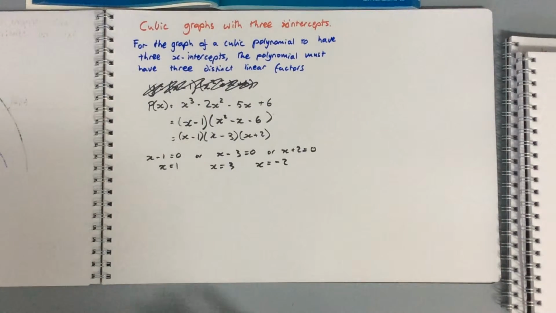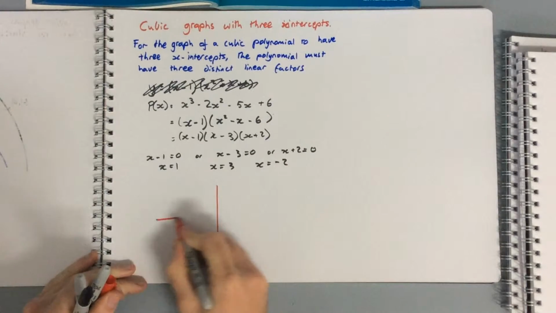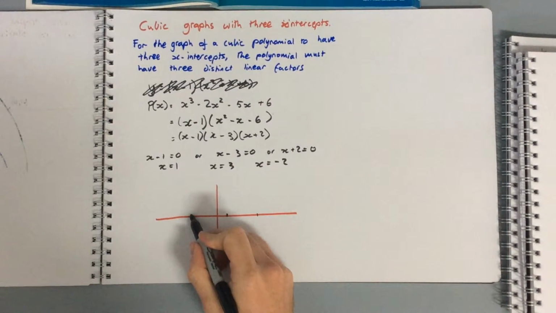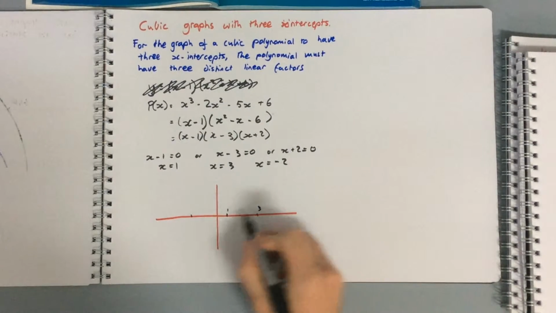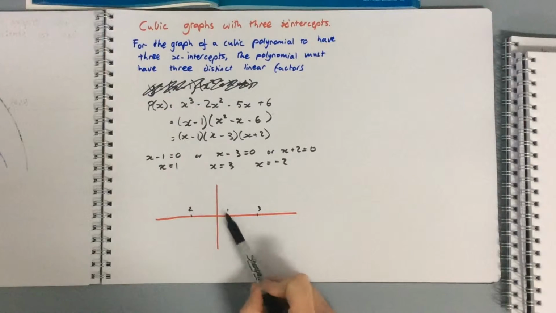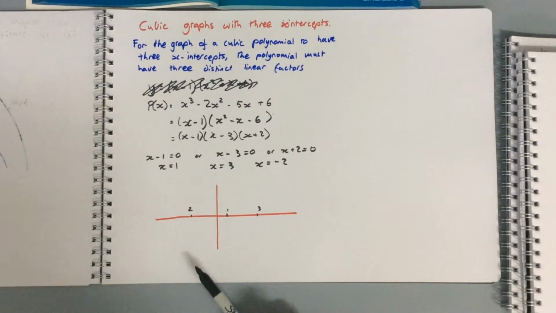And then when we put it on the graph, 1 occurs here, 3 about there, and minus 2 somewhere there. Now there are our 3 x-intercepts, basically.